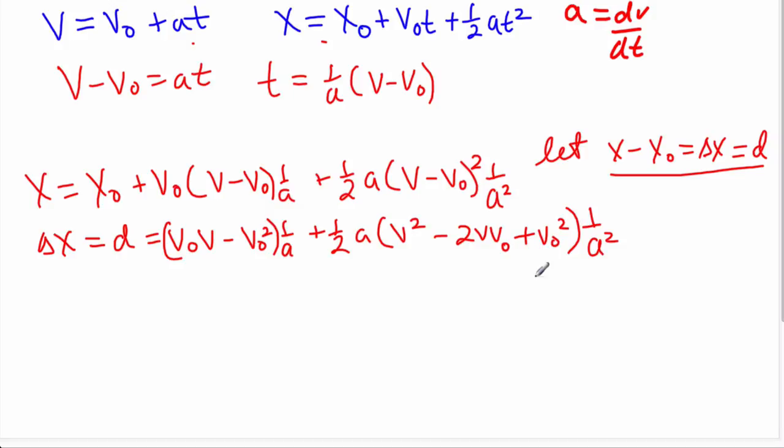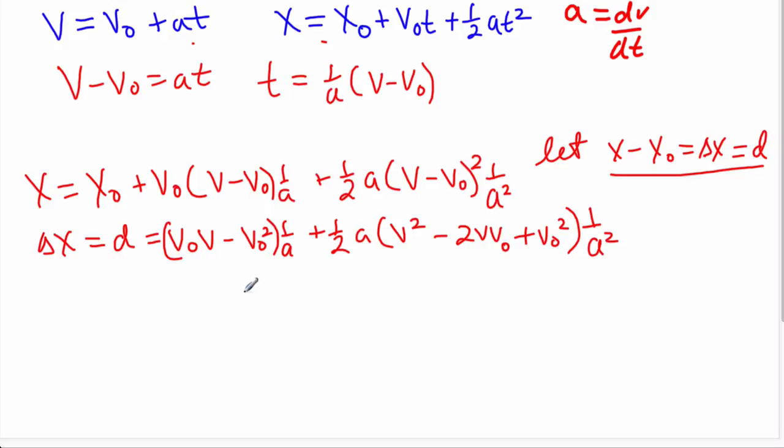Most of the time we use the expression d, but sometimes you see delta x. So let's use d for our final answer, mainly because I'm used to saying vf squared equals v naught squared plus 2ad.